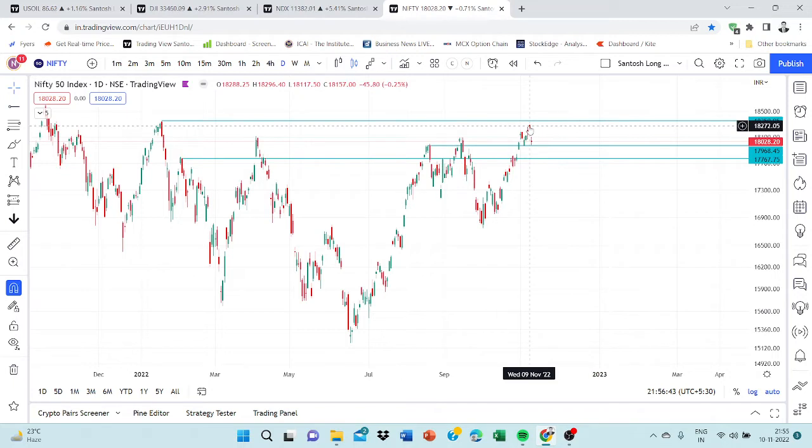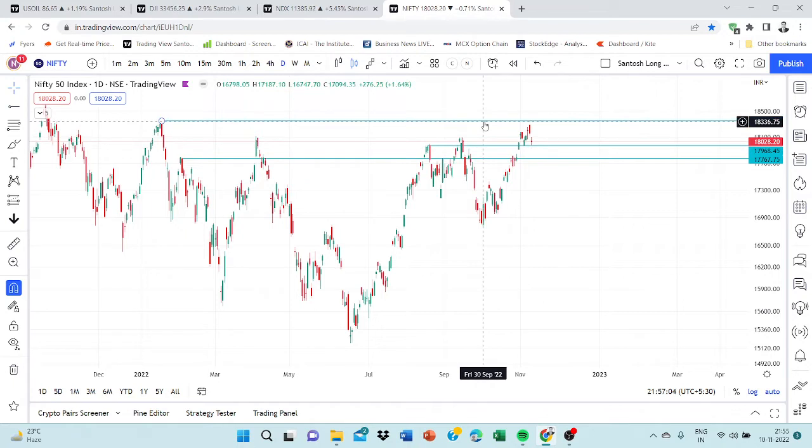Very small profit targets will be there, but you should not expect more. If it can come down, then we can see a 300 point, 200 point move downwards. It may come to this level, 18,100, or this level, that is 18,000.